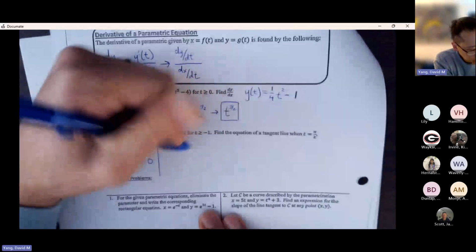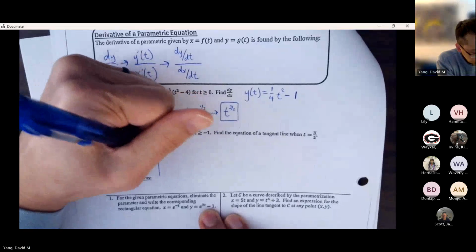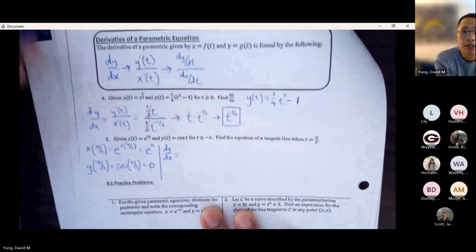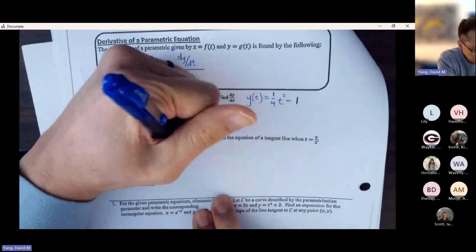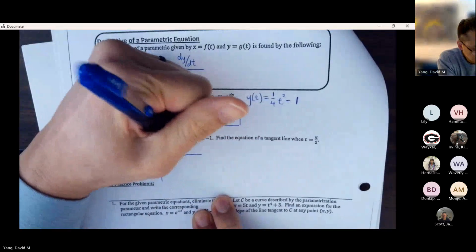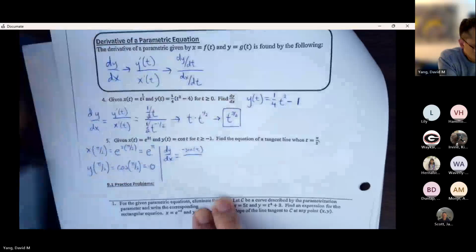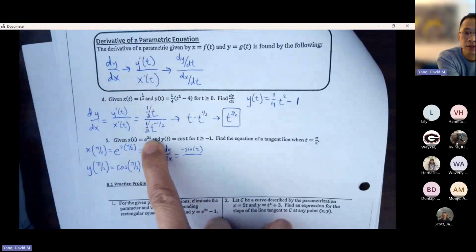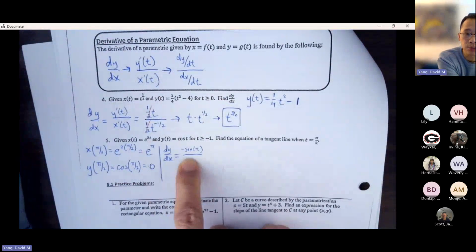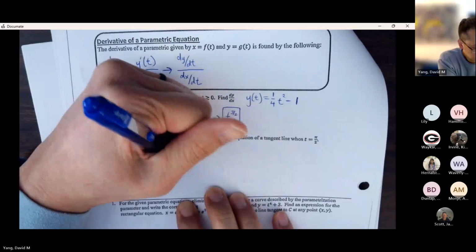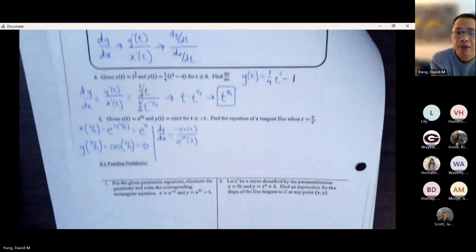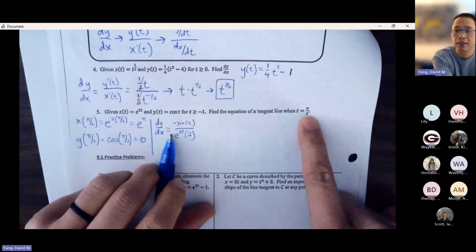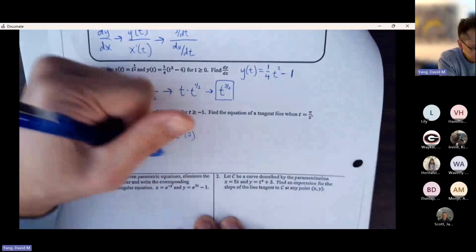Okay, derivative dy/dx is just y prime over x prime. So the derivative of cosine is negative sine. Derivative of e to the 2t: e to the u's derivative is e to the u times u prime. Take our derivative, plug in pi over 2 to get our slope.